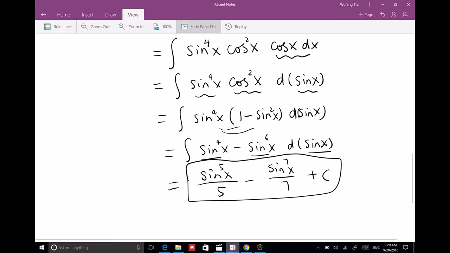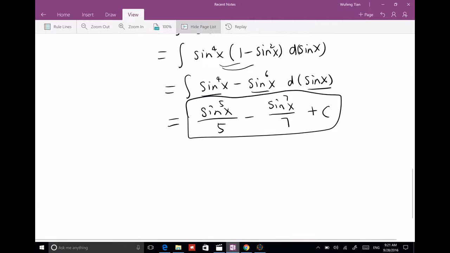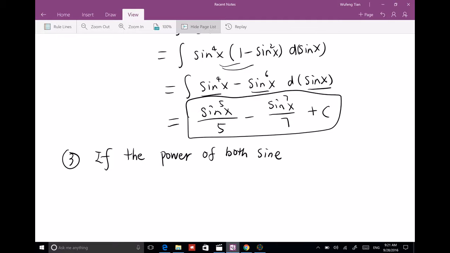Okay, I think it is very organized. This is either one: sine is odd, cosine is even, or cosine is odd, sine is even. What if there's another case? What if they're both even?